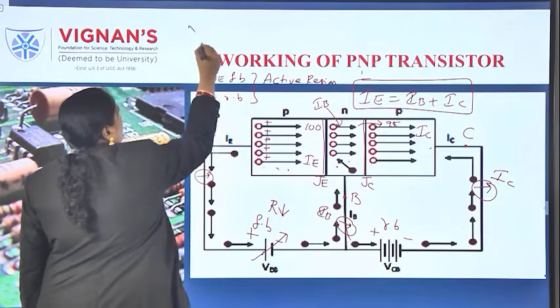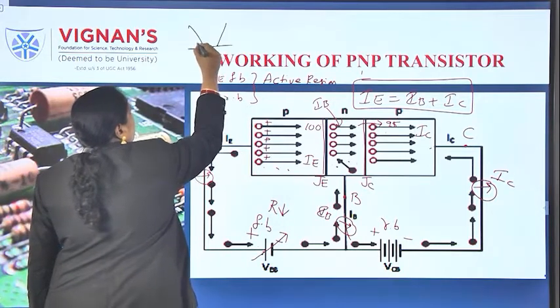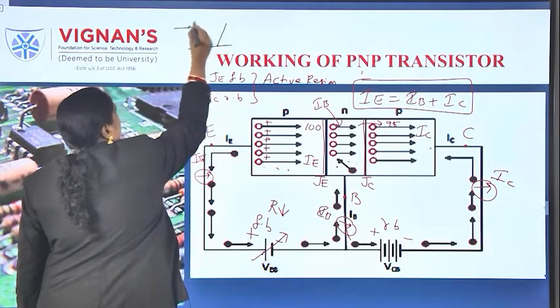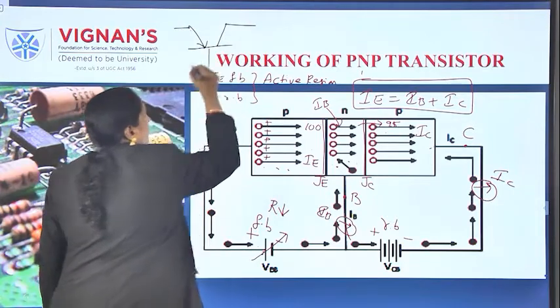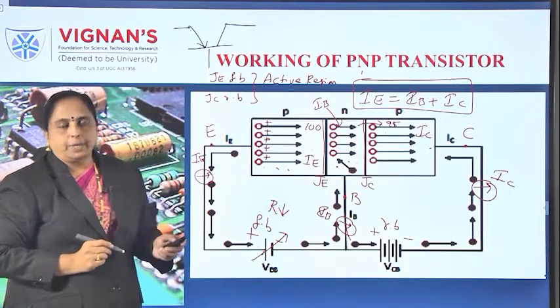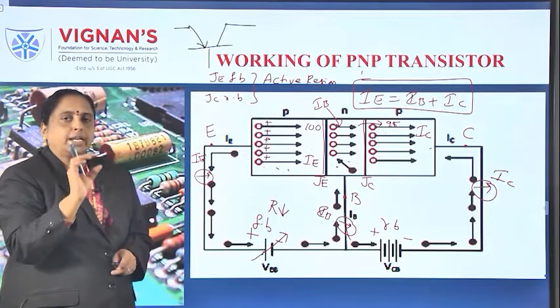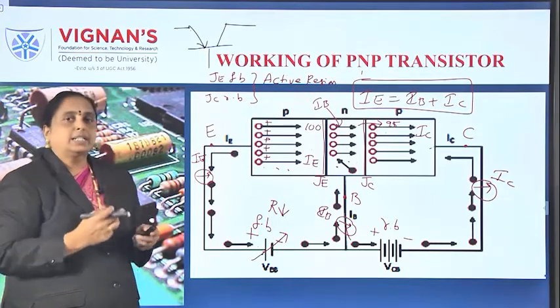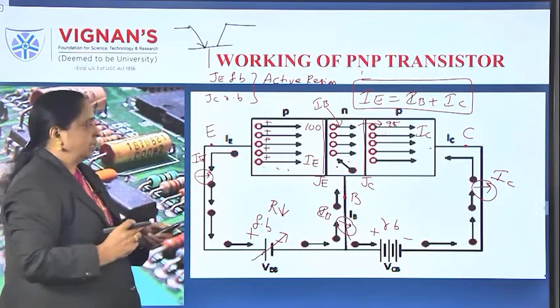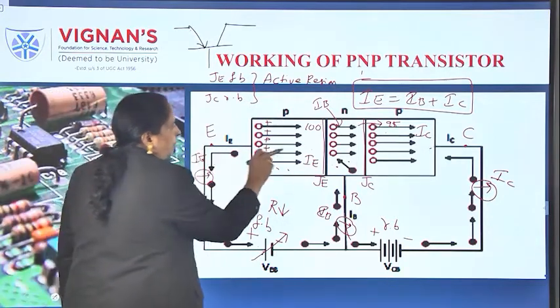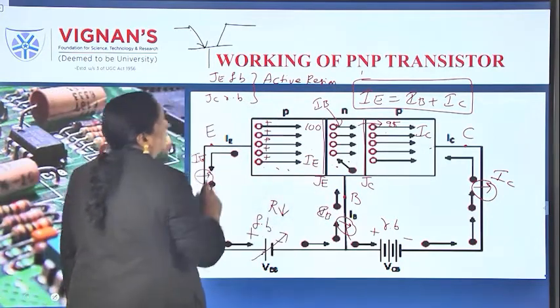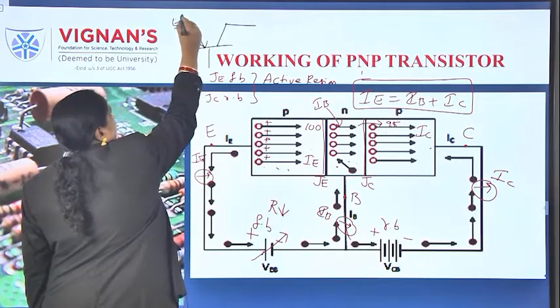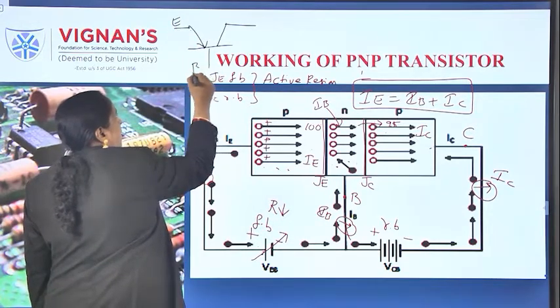Therefore, we can say that this is the symbol of a PNP transistor. The arrow indicates the direction of hole movement, or technically, the conventional current direction. See, the holes are moving from emitter towards the base. That's why the emitter is always represented with an arrow.